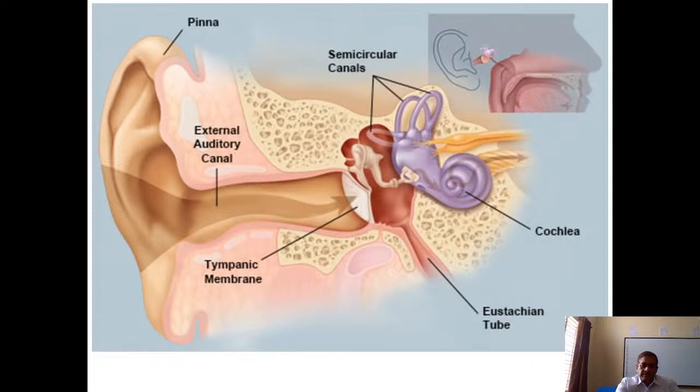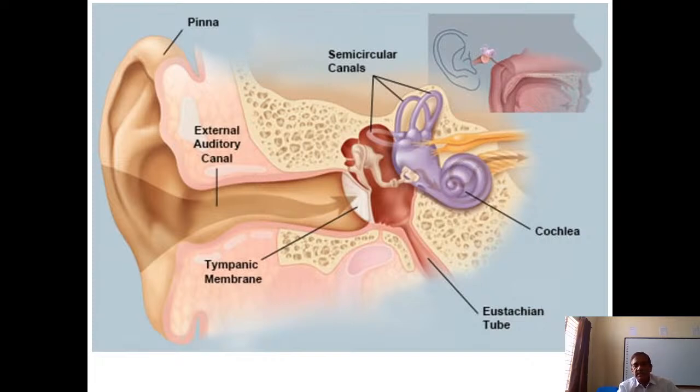So that is briefly the mechanism of the function of the ear. At the same time, in the semicircular canals, the fluids which are present, and there are small dilated ends which are called the ampulla, where you have the sensory hair cells.